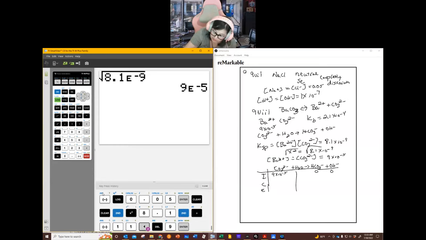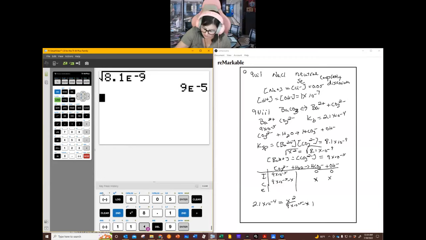We say both of those are 0. This is 9 times 10 to the minus 5th minus x. This is x. This is x. So I end up with the value for that, 2.1 times 10 to the minus 4th equal to x squared over 9 times 10 to the minus 5th minus x.